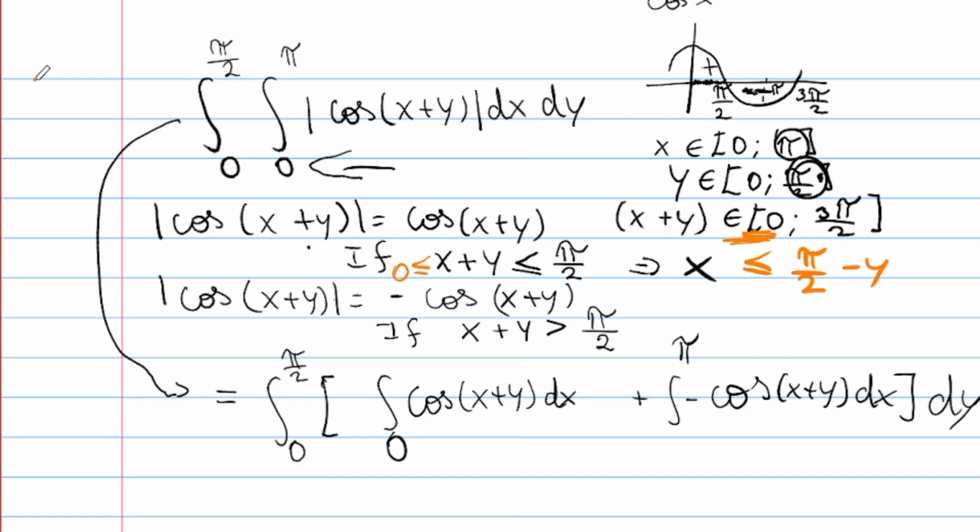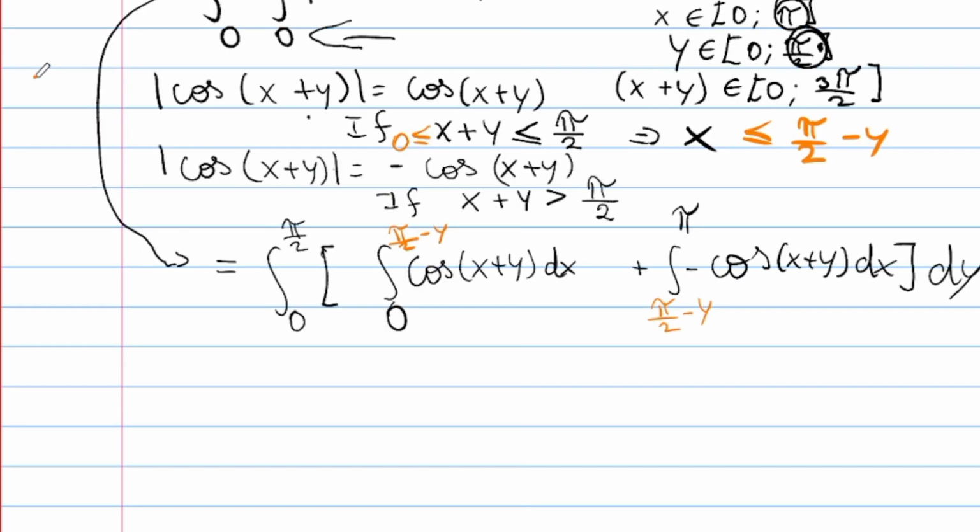I guess we all understood. That's why here I'm going to put pi over 2 minus y as the limit. Now I guess everybody knows how to evaluate these integrals, and there is no need for me to solve this kind of integral.